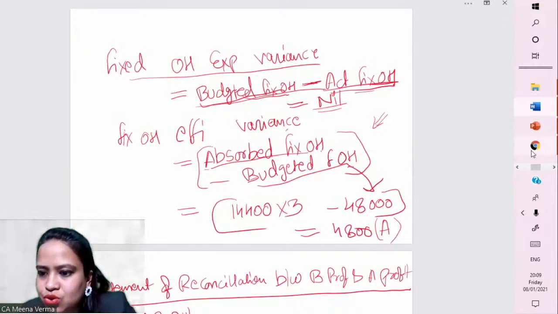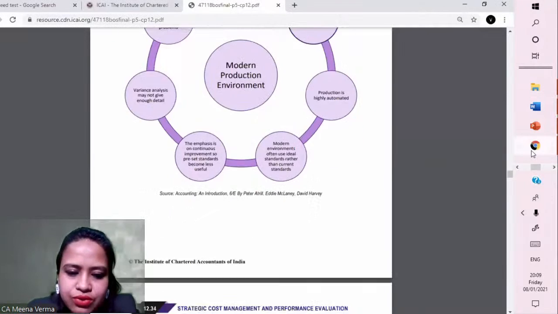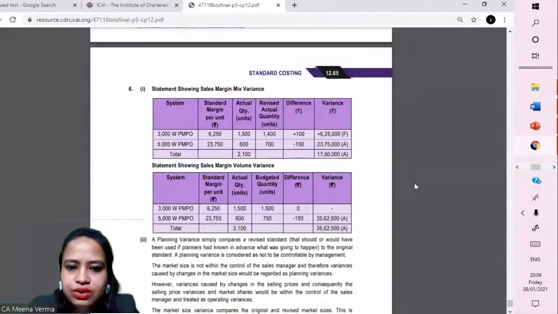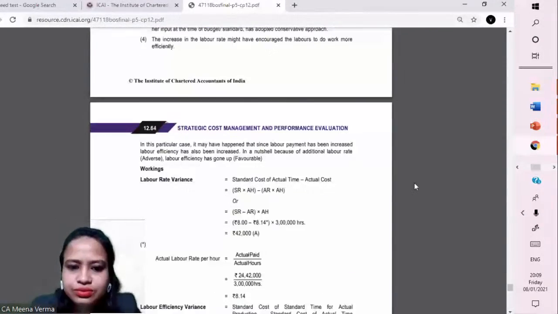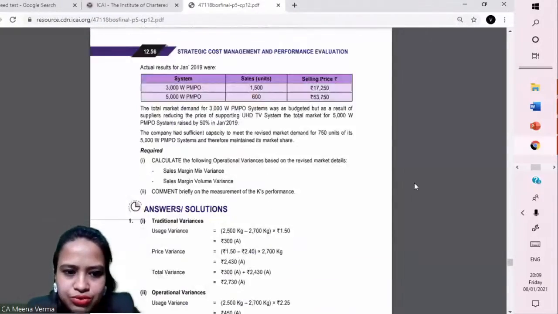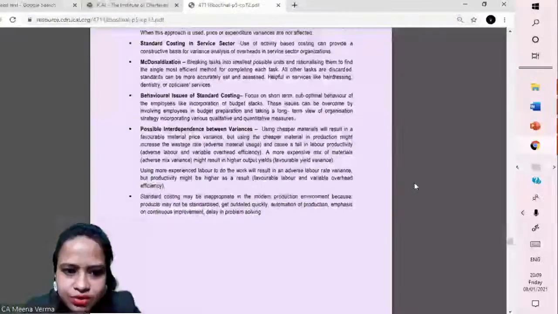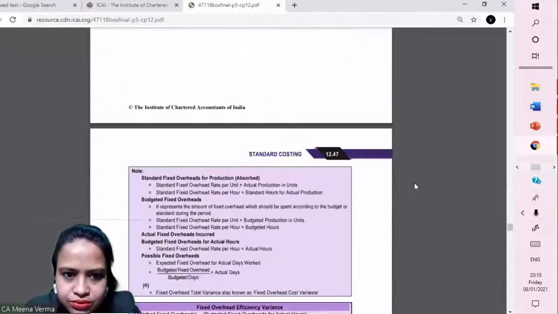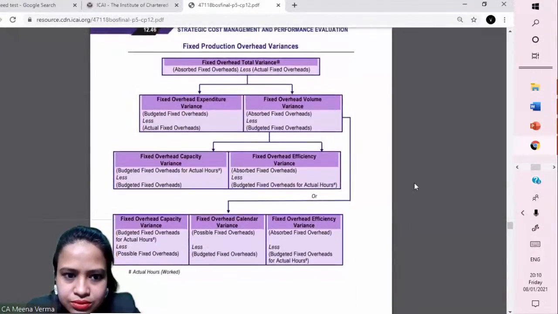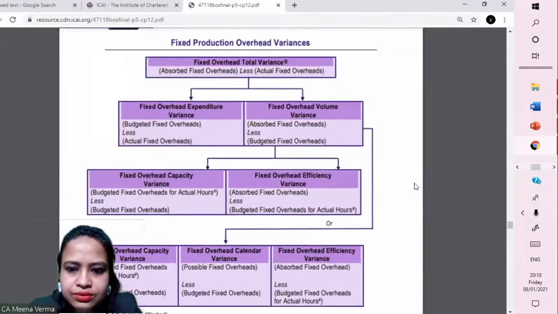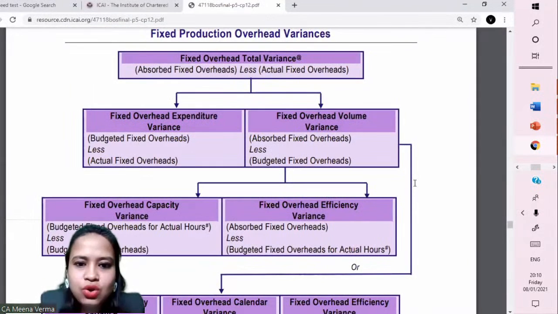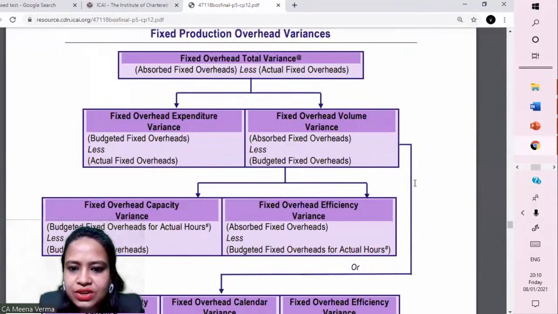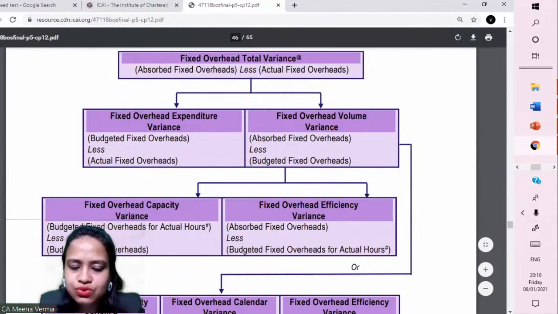You want me to show the formula? If you want me to show the formula, I will show you. Wait, it is moving. Let me show you the formula also in case you want to see it. See, the fixed overhead total variance is divided into fixed overhead expenditure variance and fixed overhead volume variance, these two formulas.